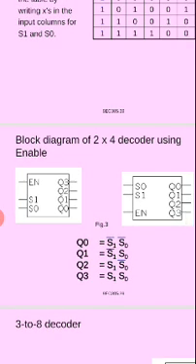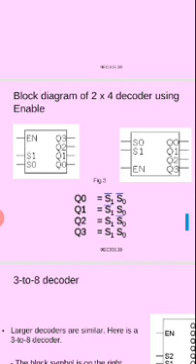Block diagram of a 2x4 decoder using enable. There is one enable input and 2 inputs S1 and S0, and 4 outputs Q3, Q2, Q1, Q0.